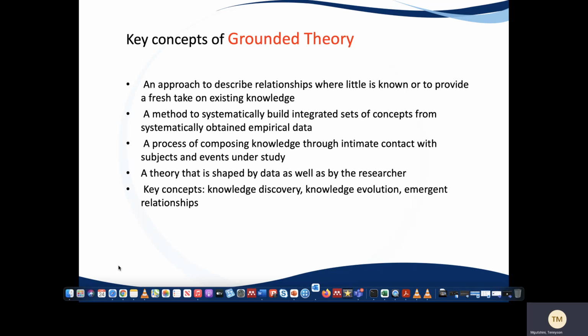So if you're studying that it factor that I spoke about, you would look at the events that are occurring, and then of course look at individuals that are associated with or are exposed to this it factor, and from that you would take that data to develop theoretical understandings.